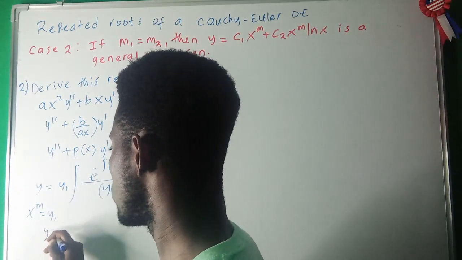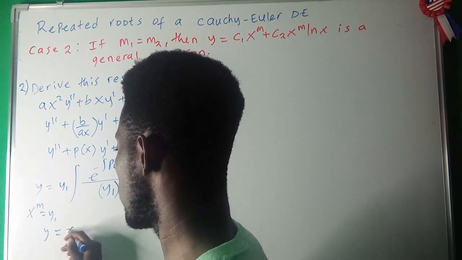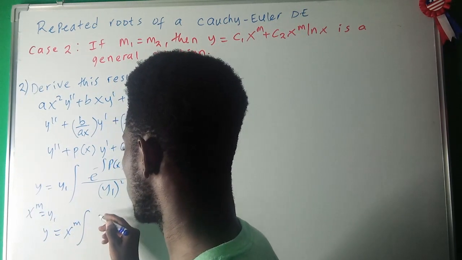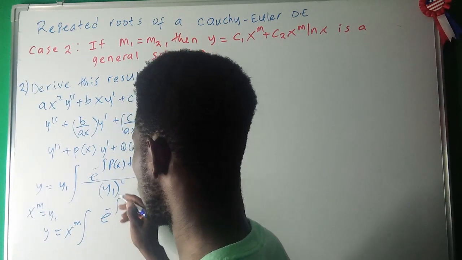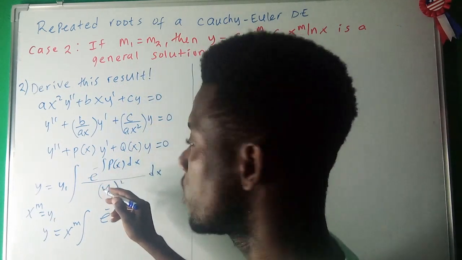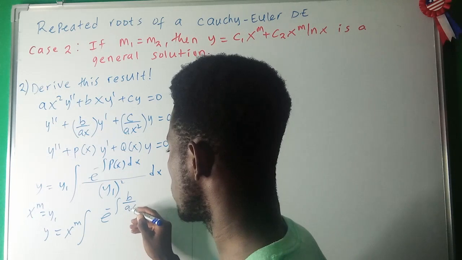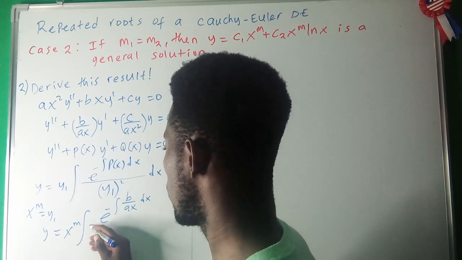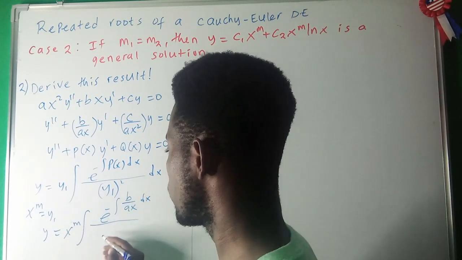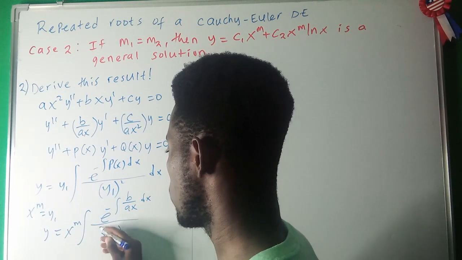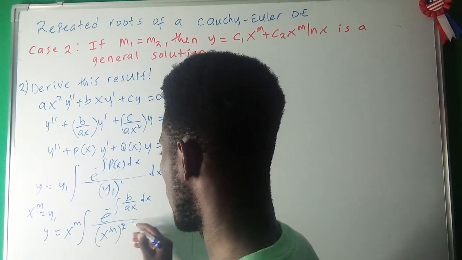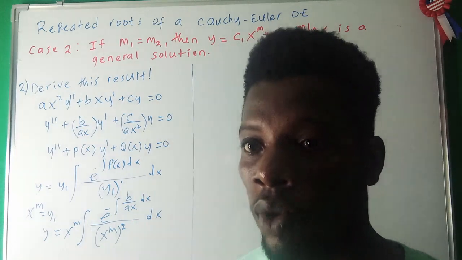So we have y equals, so y1 is x to the power m, the integral of e raised to the power negative the integral of, what is our p of x? p of x in this case is b over ax, that's dx, all divided by y1 squared, which is x to the power m all squared, and then you have a dx right here.